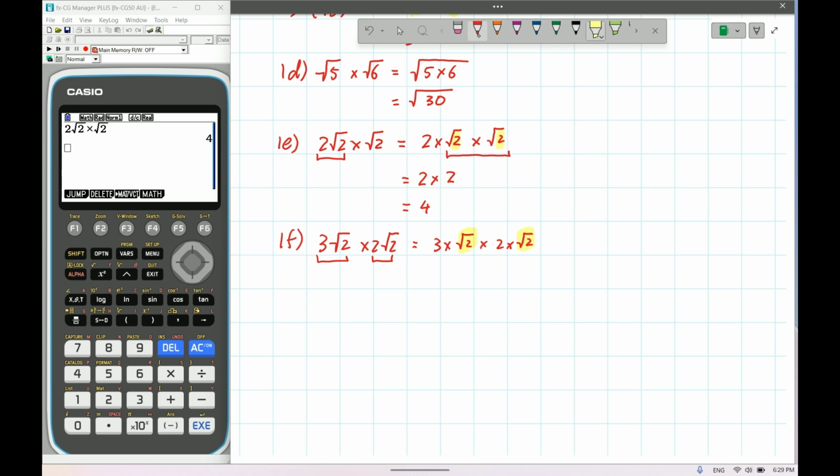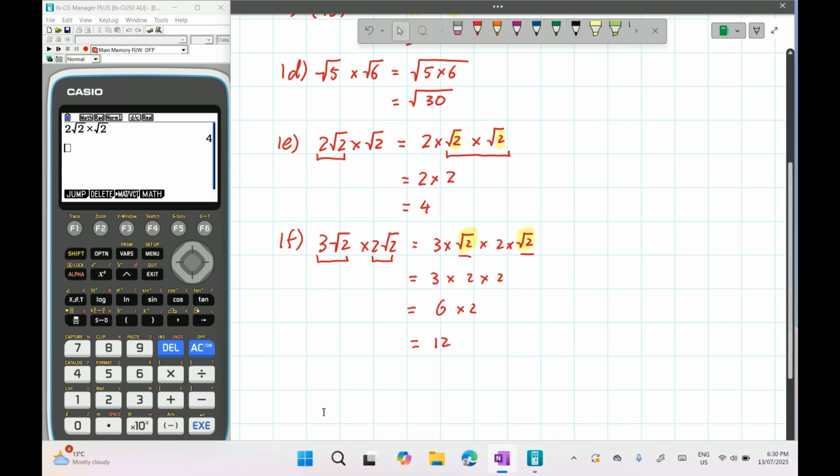I'm going to multiply those two root parts first, which gives 2. Then we'll have 3 times 2, which will make 6. 6 times 2 will make 12. All of this can be verified on your calculator as well.